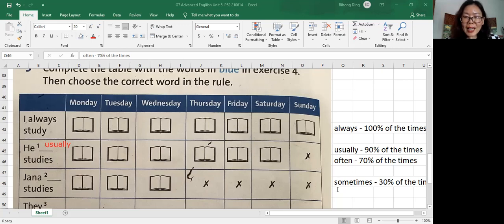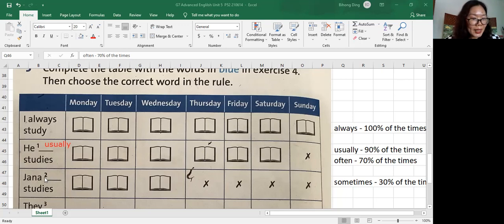Next one, sometimes. Sometimes, how frequent is the action? Guys, probably only 30% and even 20%. Sometimes means not often.